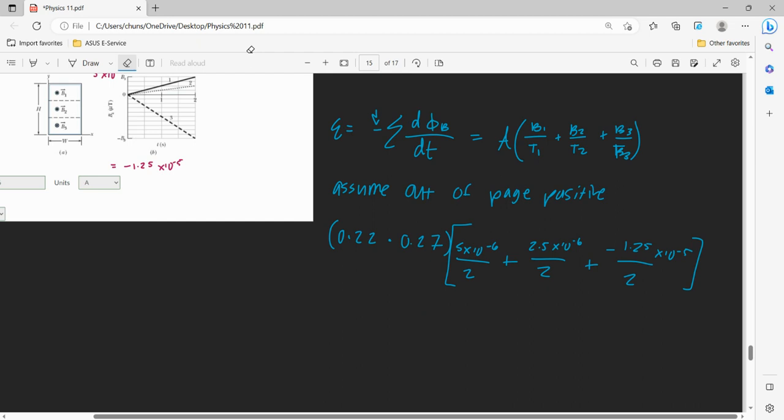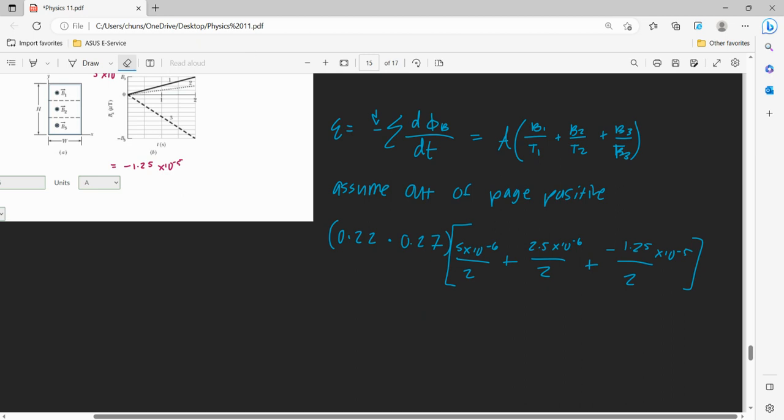Okay, so this is 5 times 10 to the negative 6 divided by 2, plus 2.5 times 10 to the negative 6 divided by 2, minus 1.25 times 10 to the negative 5 divided by 2, times our area.